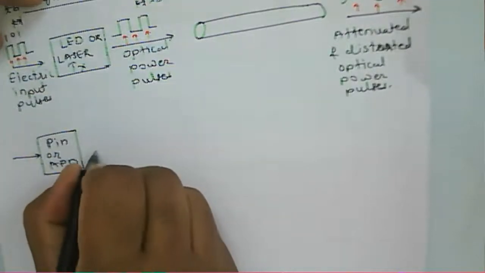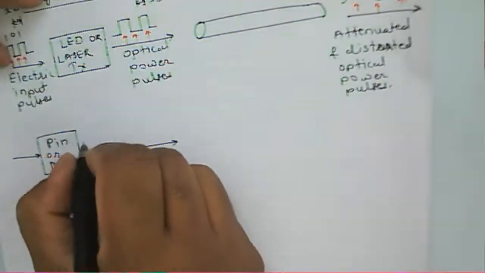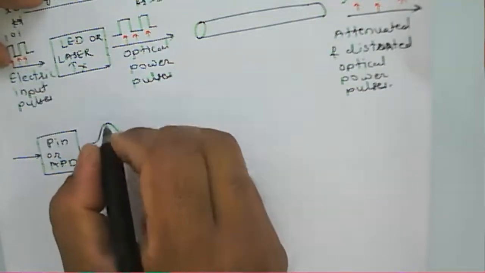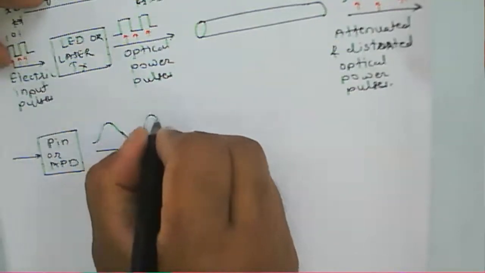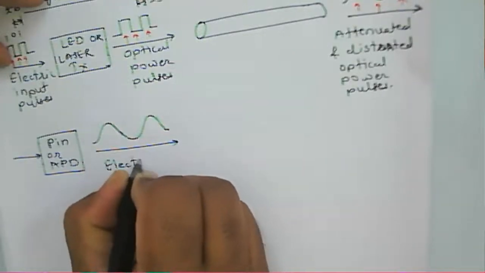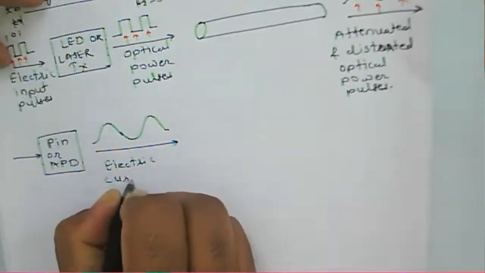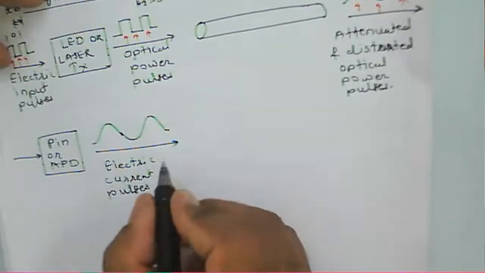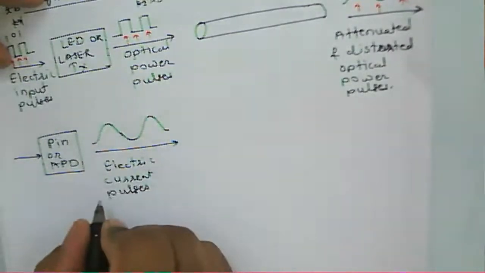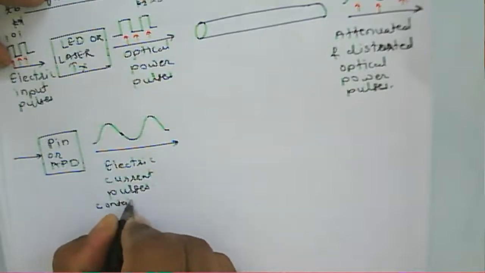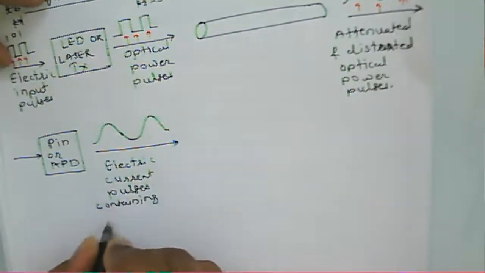And then after that we'll get an electric current pulse, and that electric pulse contains detector noise.